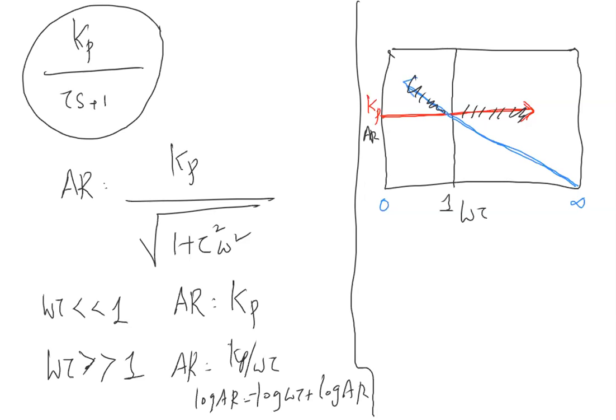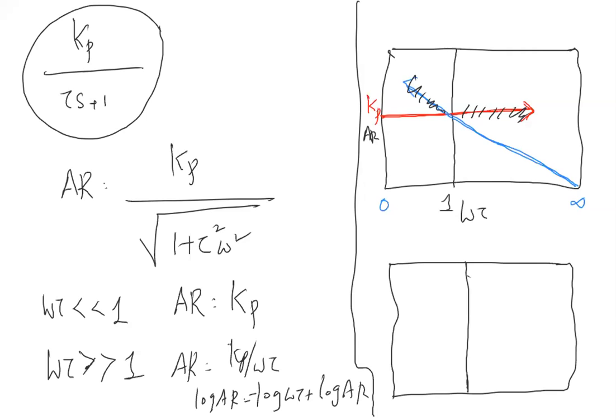Now if we translate this into the actual Bode plot, this is log omega, and this is 1 by tau. So this is one asymptote, this is another asymptote. Starting point is Kp, and this is omega.